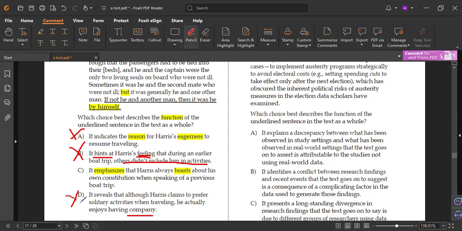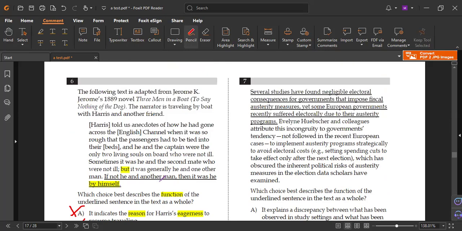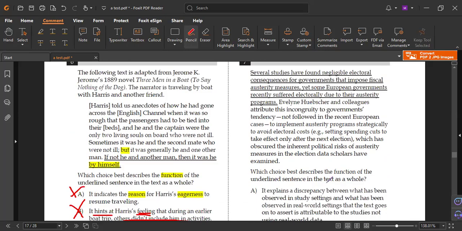So letter D is wrong. That's why. So here we emphasize boast. Boast means to feel proud about themselves. Did you catch it? Yes. Right. Now number 7. Here's the function again.